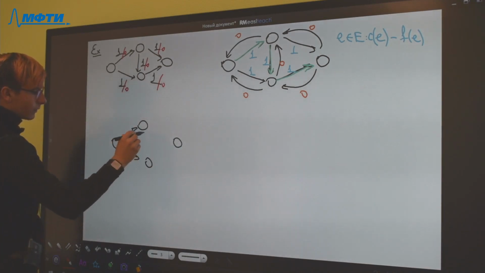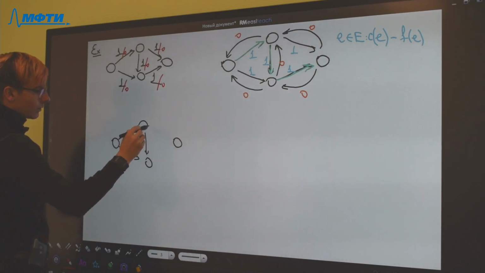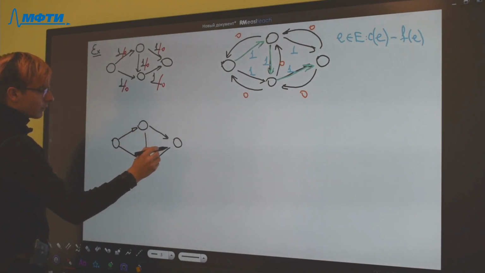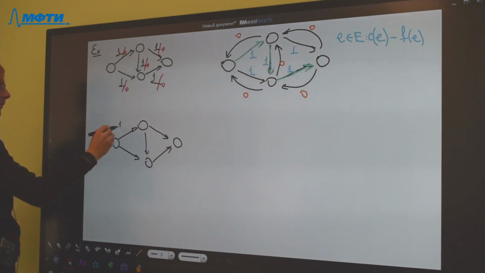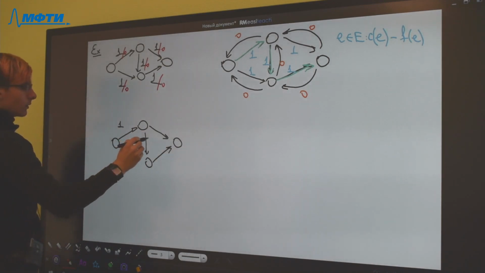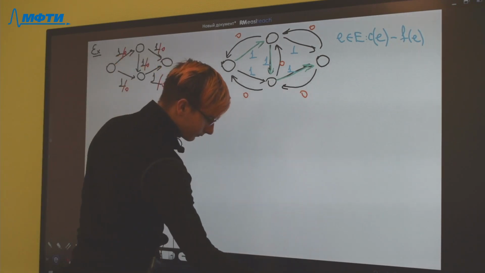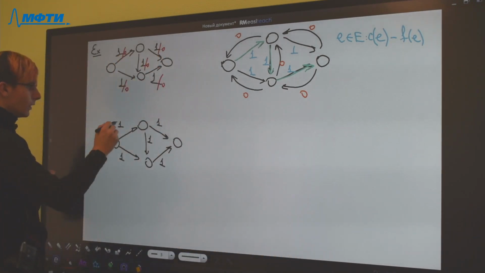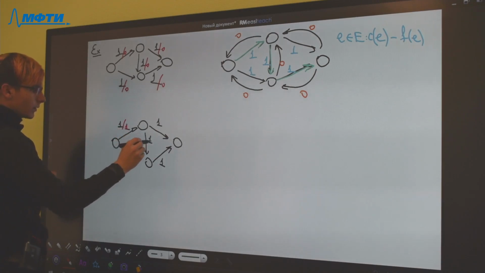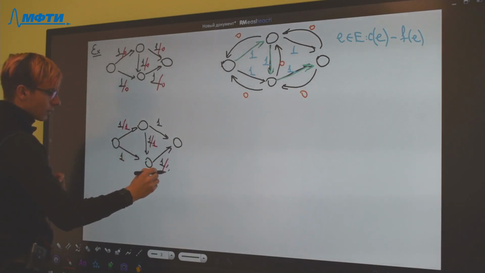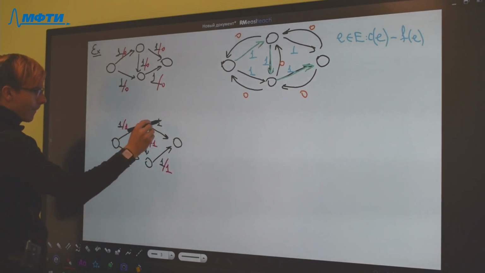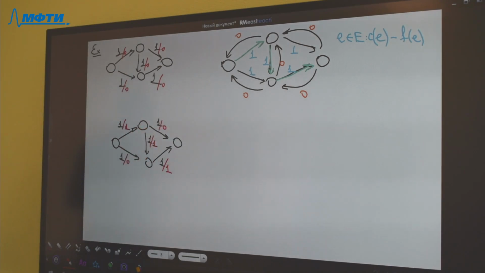We draw our graph with capacities. And we increase our flow. Yep. The value of this is now equal to 1. It's bigger than the value of the previous flow.